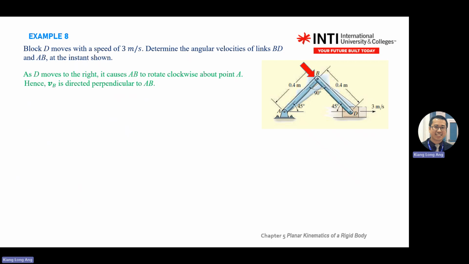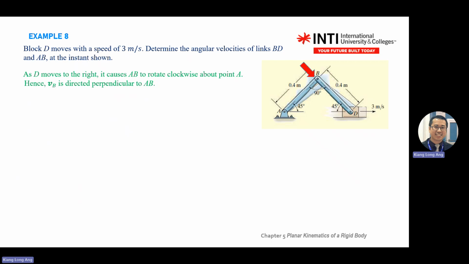You need to find angular velocity, which is omega, of link A and B. So you need to split them into two bodies, but same method. So you look at BD first. You draw BD.